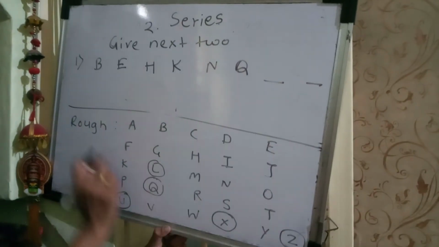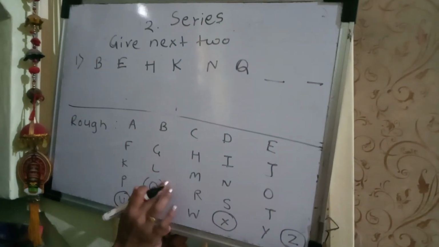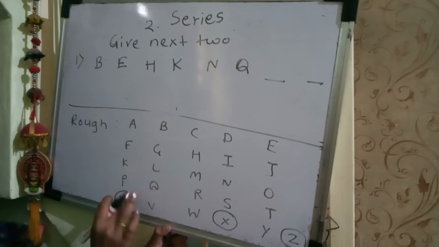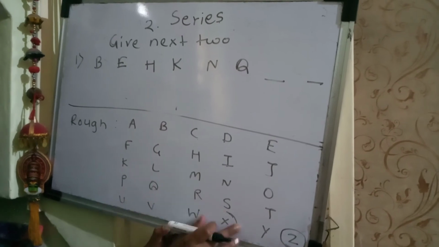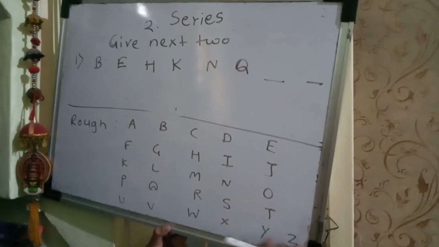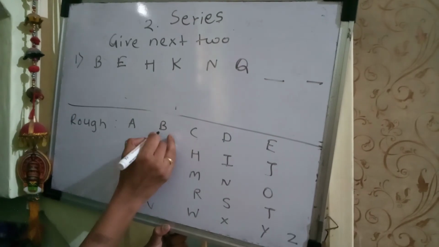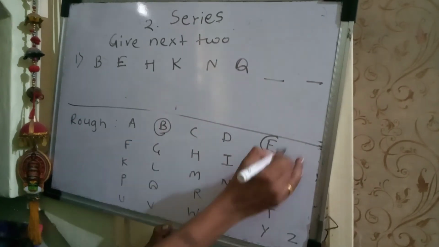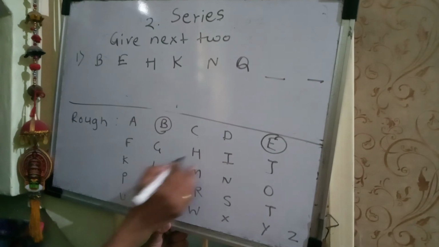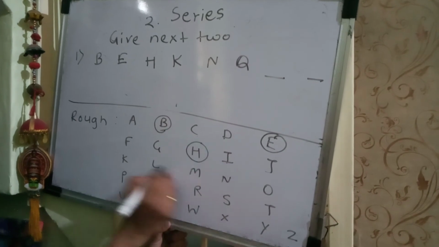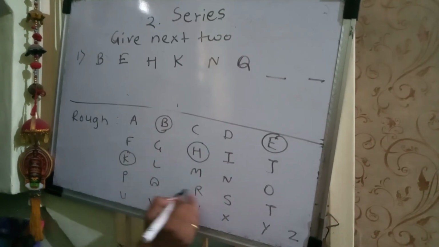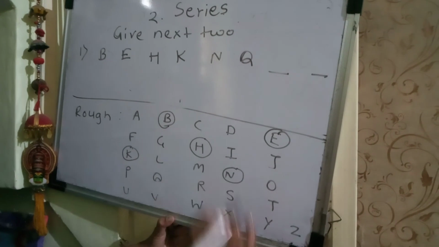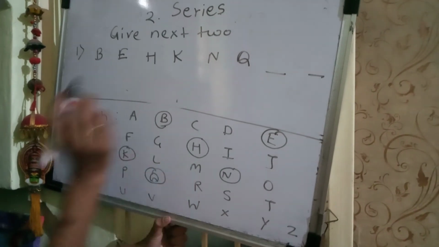Next two. Then again see, I will rub these things. B, E, H, K, N, Q. Now we see the difference.